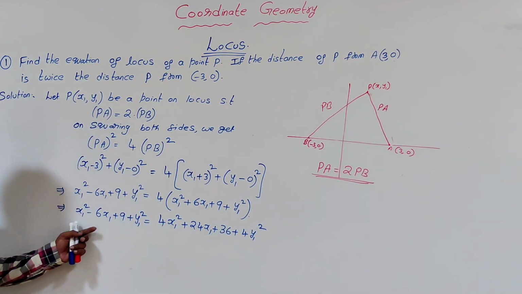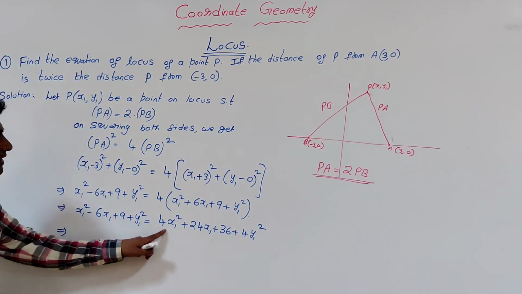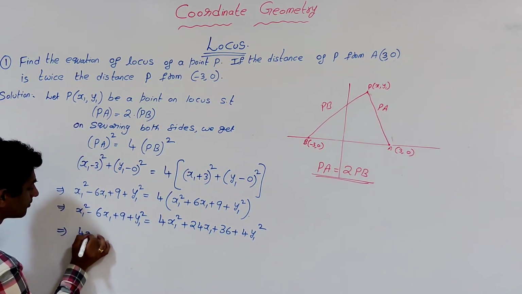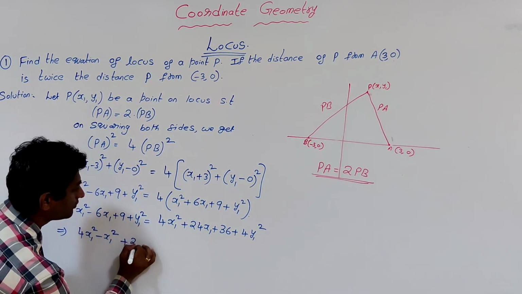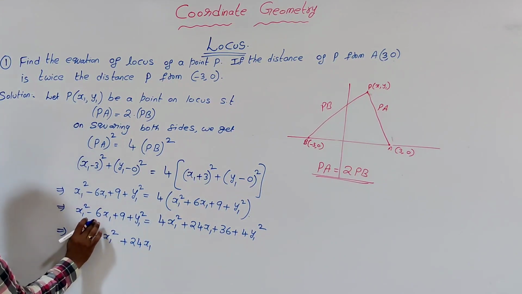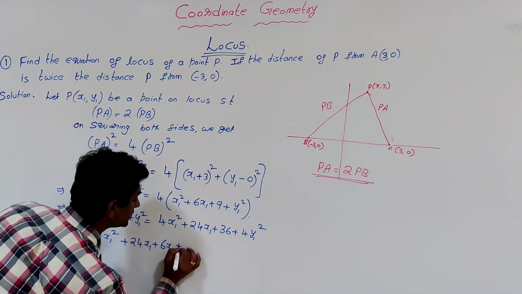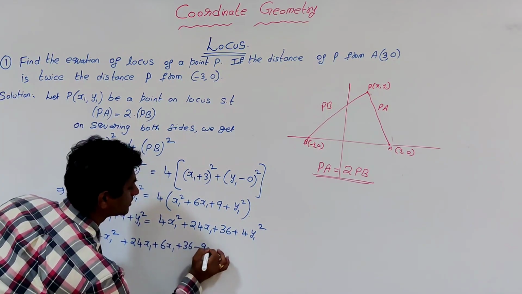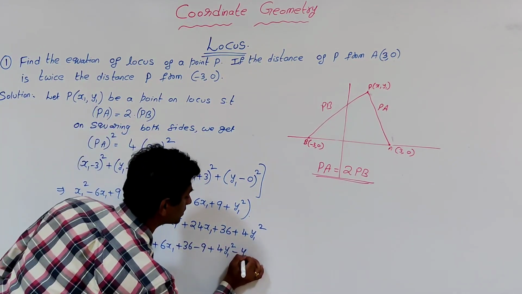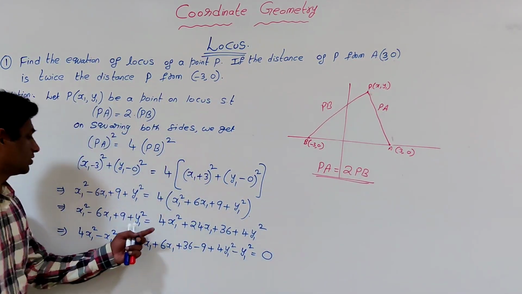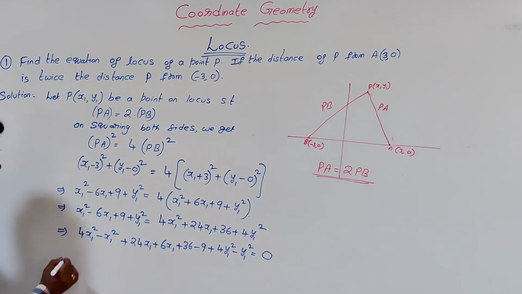Now whatever values exist on the left hand side, take to the right hand side. 4x1² − x1² plus 24x1 and, minus there, so it will be plus 6x1, plus 36 − 9 plus 4y1² − y1² is equal to 0, because as every term is taken to the right hand side, the left side will be 0.